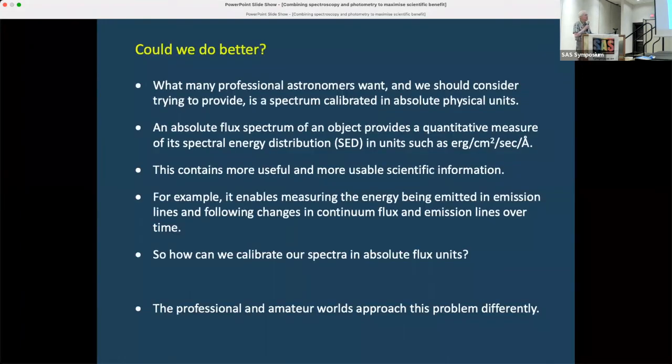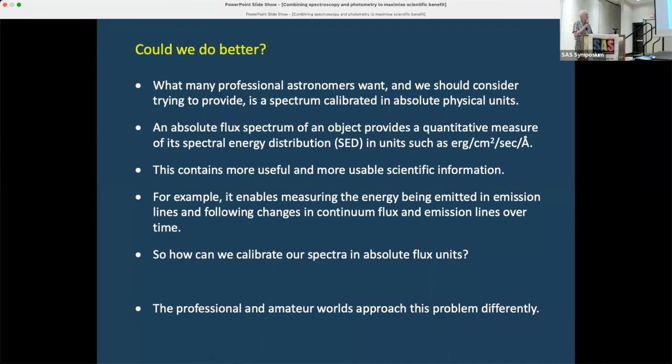Next slide, please. So could we do better? What many professional astronomers would like is that we consider trying to provide spectra calibrated in absolute flux units. By that I mean a spectrum of an object which provides quantitative measures of the spectral energy distribution in units such as ergs per square centimeter per second per angstrom, FLAM units as it's sometimes called.